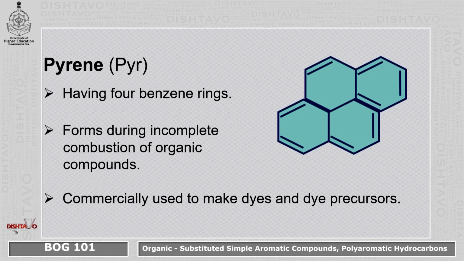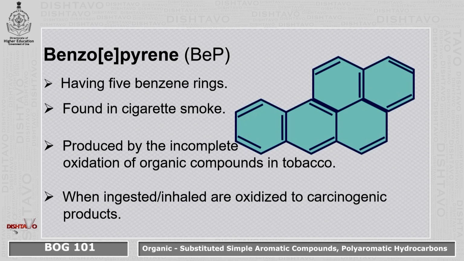And it has been commercially used to make dyes and dye precursors. Then we have benzopyrene, having 5 benzene rings, and it is found mostly in cigarette smoke, and it is produced by the incomplete oxidation of organic compounds in tobacco. When ingested or inhaled, it is oxidized to carcinogenic products.